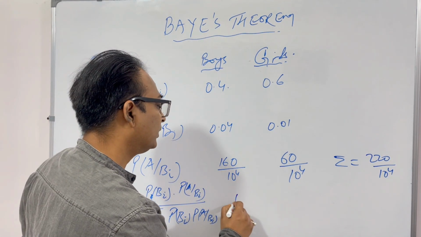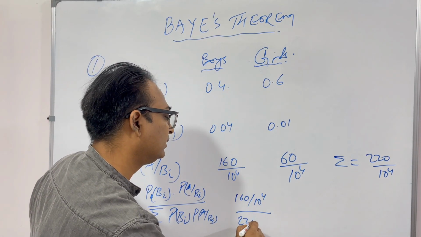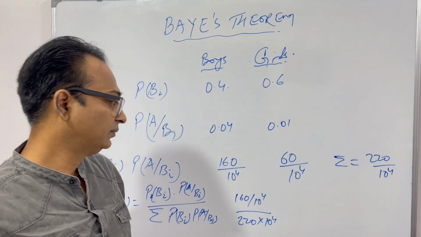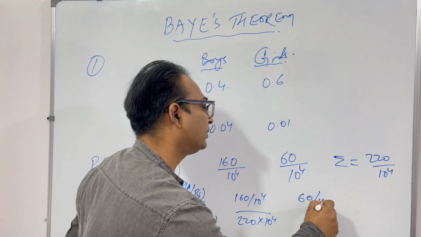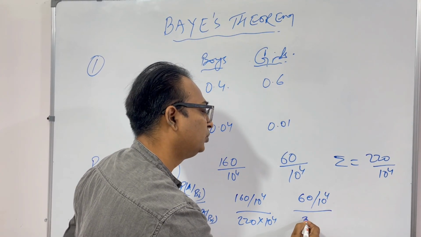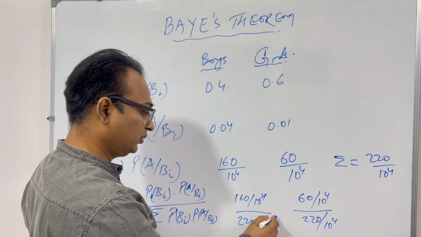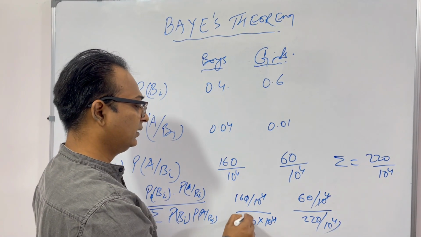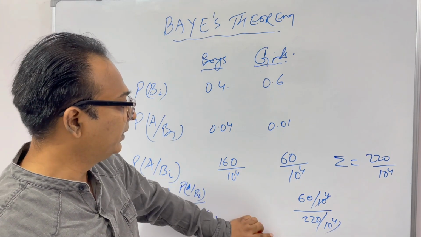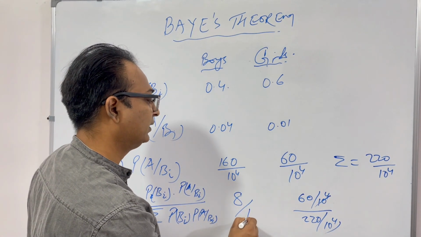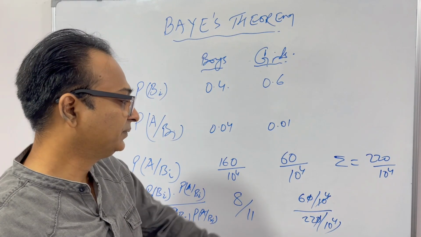This will be 160 by 10 to the power 4 by the summation, 220 by 10 to the power 4. And this will be 60 by 10 to the power 4 by 220 by 10 to the power 4. 10 to the power 4 cancels. This is 16 by 22, that is 8 by 11. So our probability is 8 by 11. And here the probability will be 3 by 11.